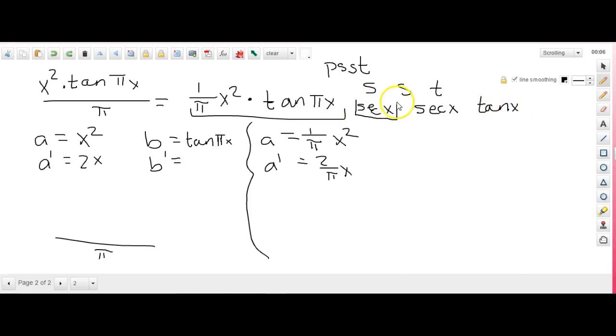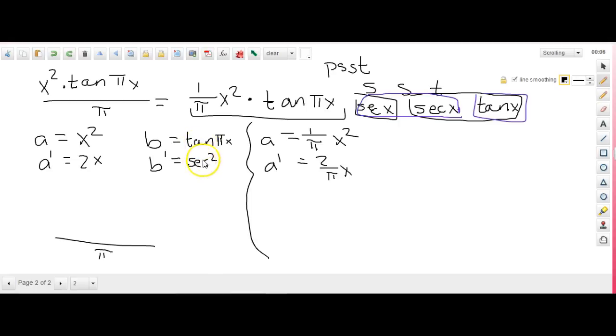So the derivative of secant is secant times tangent. It's these other two. The derivative of tangent is secant times secant, or secant squared. So that's a little trick to memorizing it if you don't want to have to look at a reference sheet all the time. So the derivative of tangent is secant squared.